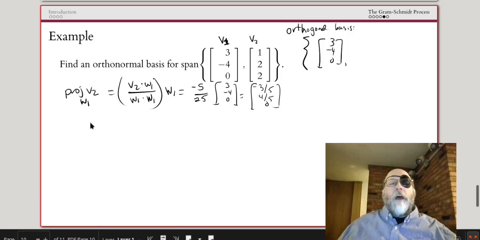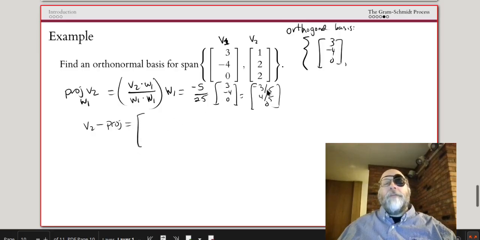But we're not quite done. We want to take V2 minus the projection. So that's 1 minus negative 3/5, which is 8/5. 2 minus 4/5 is... 6 minus 4 is 2/5.